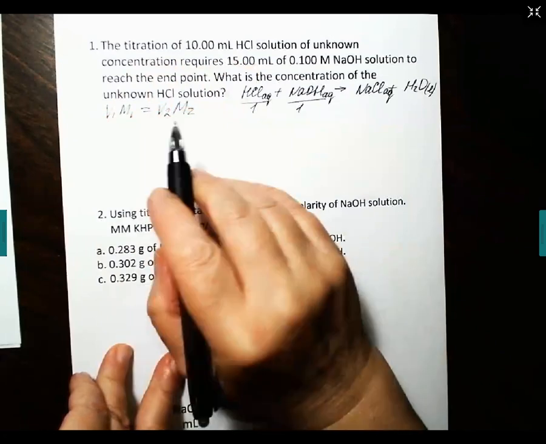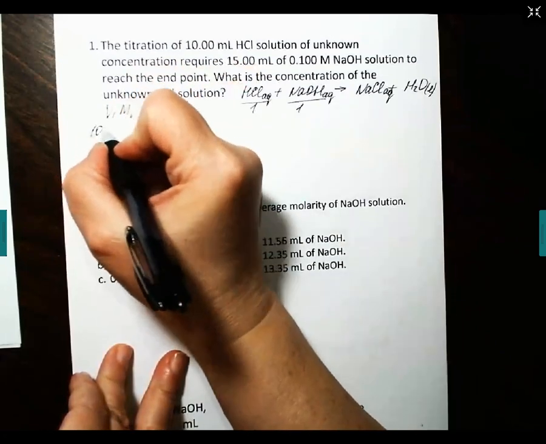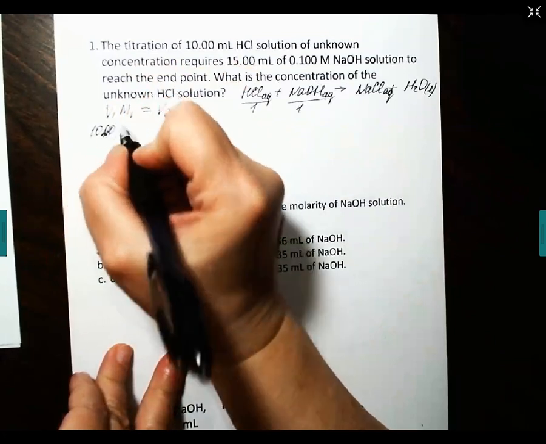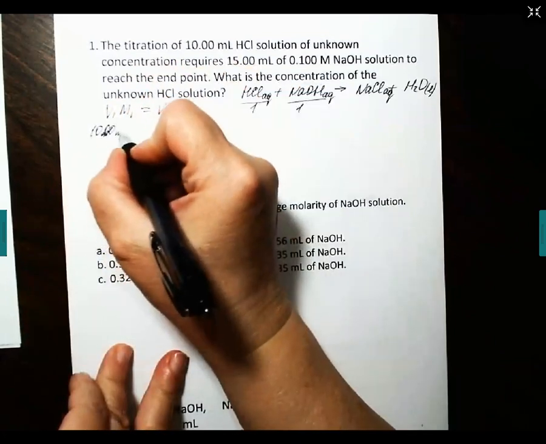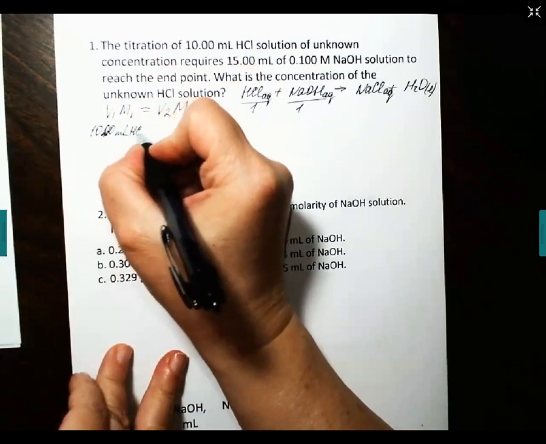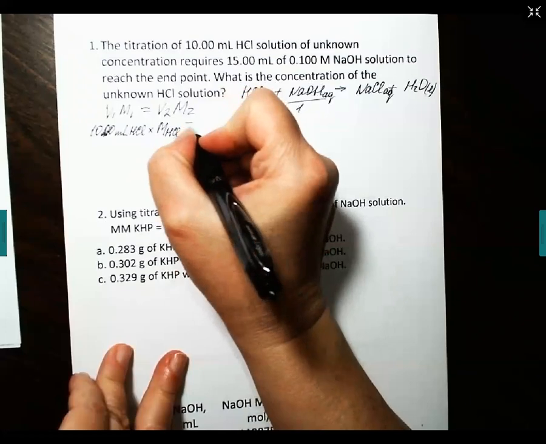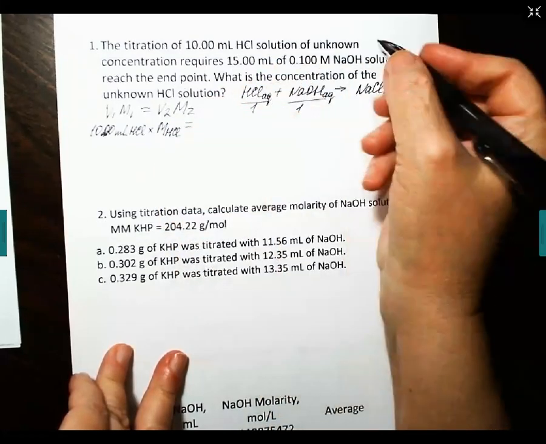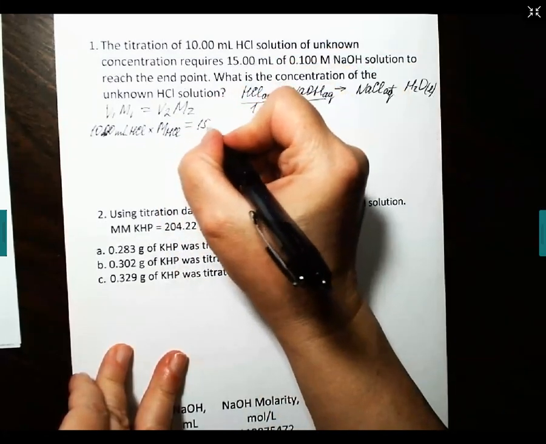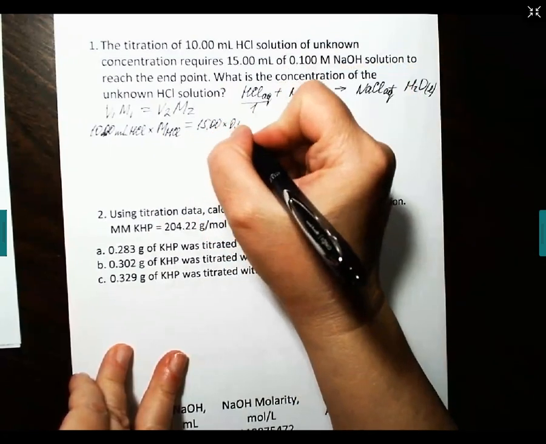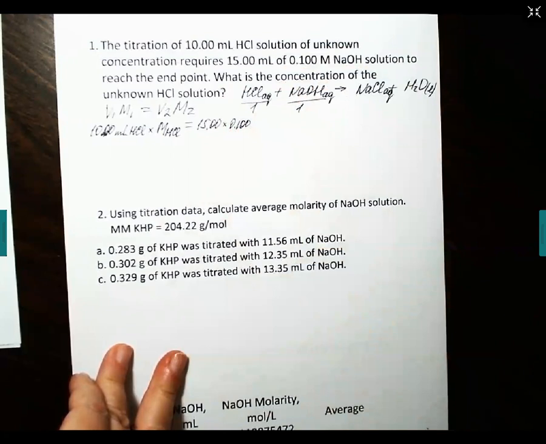In other words, we can write 10.00 milliliters of HCl times unknown molarity of HCl equals known volume of sodium hydroxide times known concentration of sodium hydroxide.